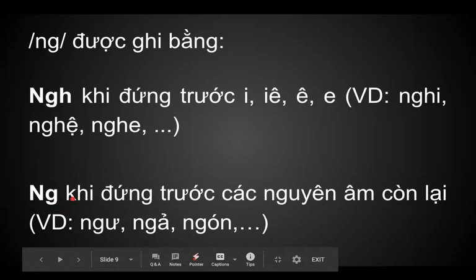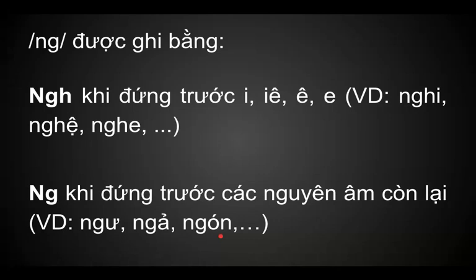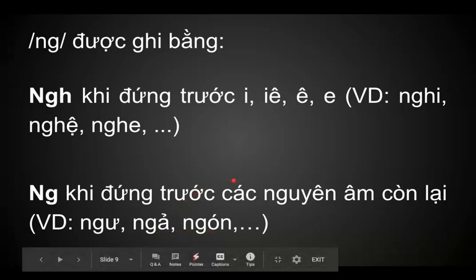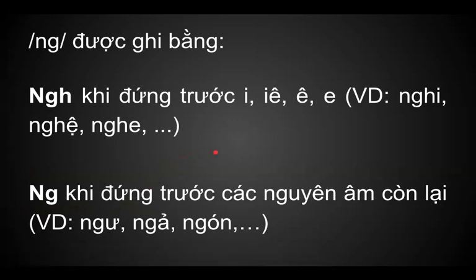NG goes in front of all the other vowels, as in ngư, ngã, ngon. NG is the starting of the most common last name, Nguyễn. And Nguyễn, a lot of Americans tend to pronounce it as Win, because that's the closest sound that they can think of to help pronounce it.